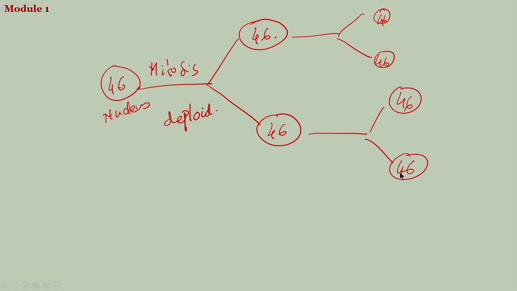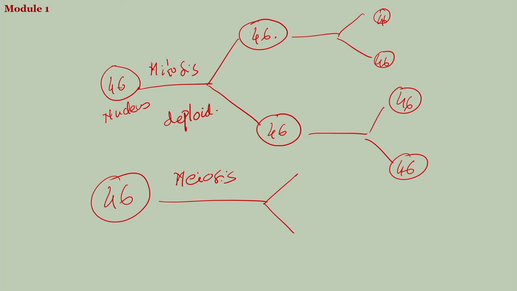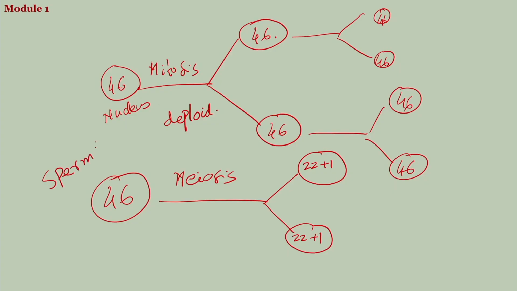There is one exception: we start with the 46 and then it undergoes not mitosis, but meiosis cell divisions, where in the new cells it is not 46, it is 23, half of it, haploid cell divisions. 23 means 22 plus 1, and here also 22 plus 1, half cell divisions, and that happens in sperm cells or egg cells, the father's sperm cells or the mother's egg cells.